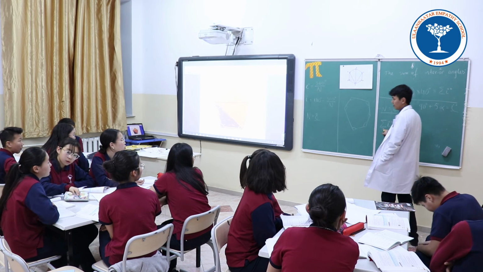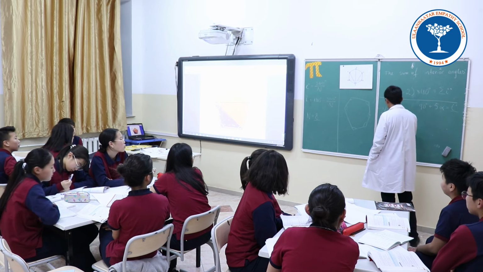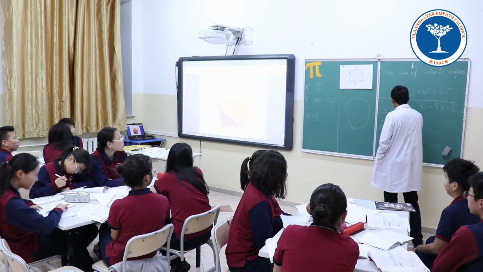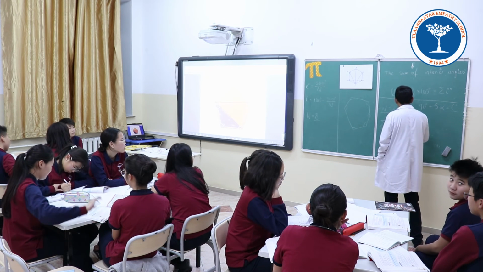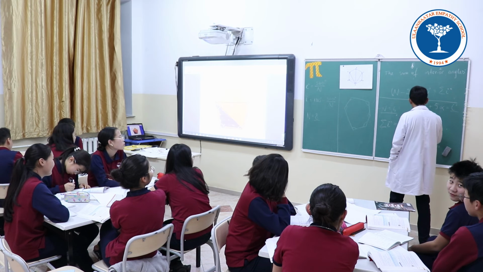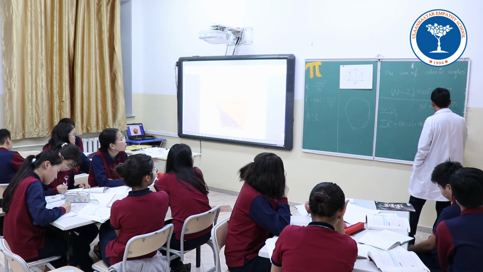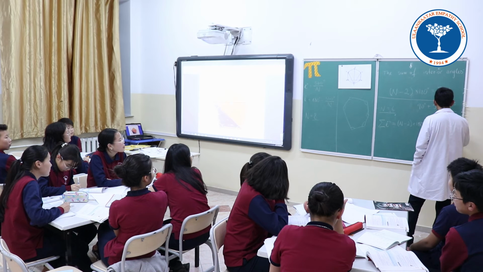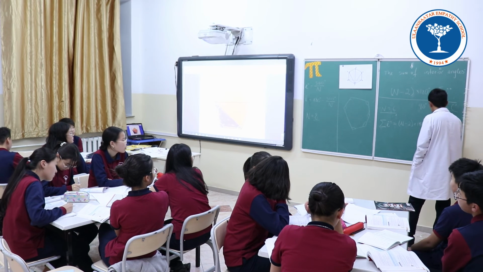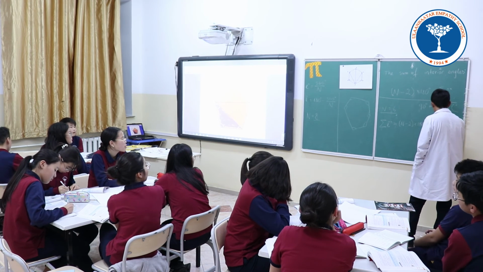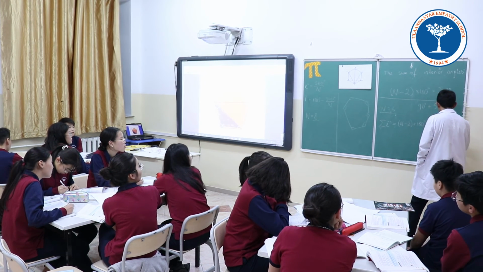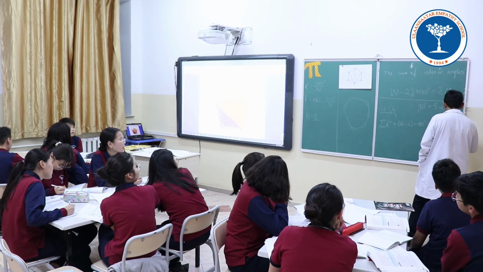This is the symbol for sum, if anyone doesn't know that. The sum is equal to n minus 2 times 180 degrees, which is 6 minus 2 times 180, which is equal to 4 times 180, which is 720.